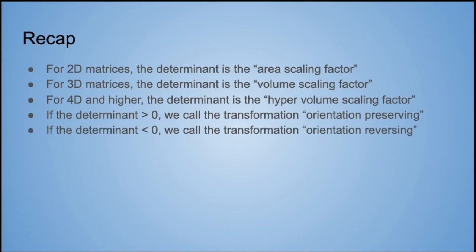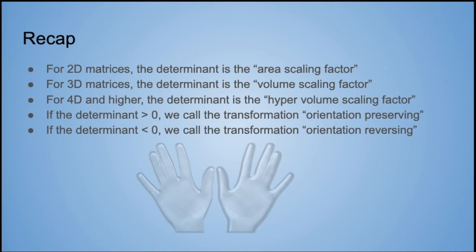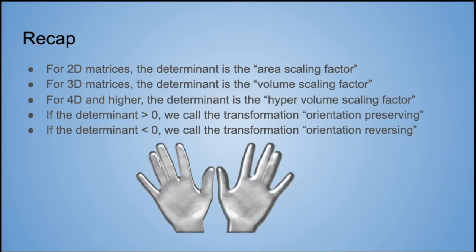But if the determinant is negative, we call the transformation orientation reversing. Again, it's easiest to think about orientation reversed as a set of hands. There is no way to move the left hand through rotation or translation such that it lies identically on top of the right. A reflection needs to occur for them to match up.